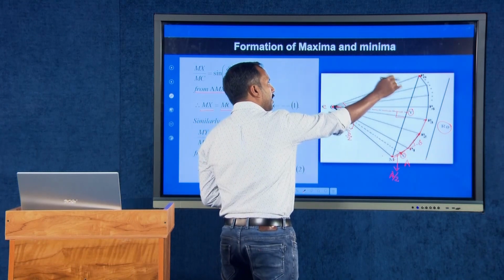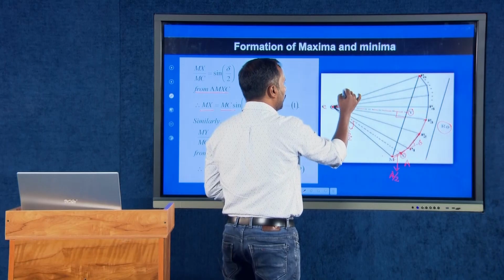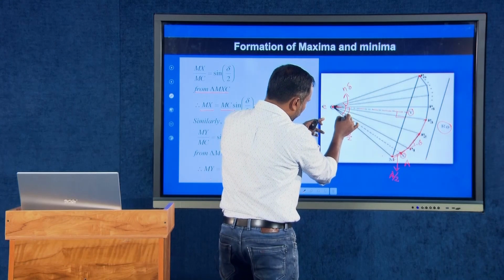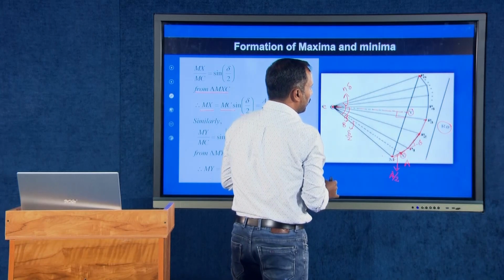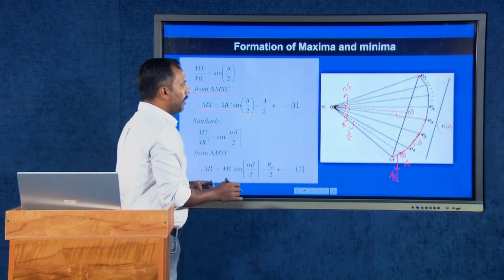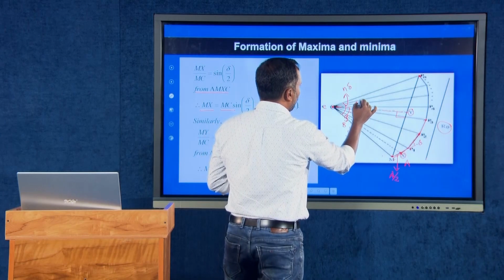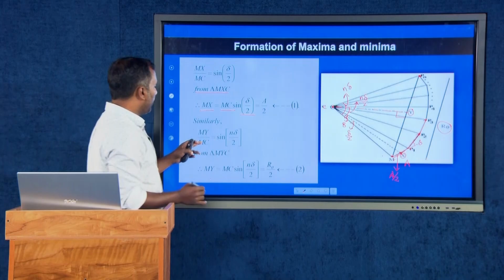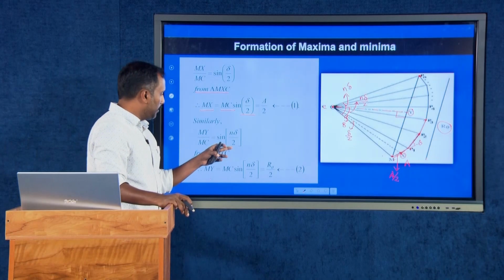We have n number of such angles here, so the total angle shall be n delta. But now we are taking this particular angle, which is half of that total, therefore this angle is n delta by 2. So we have MY by MC is equal to sin n delta by 2.